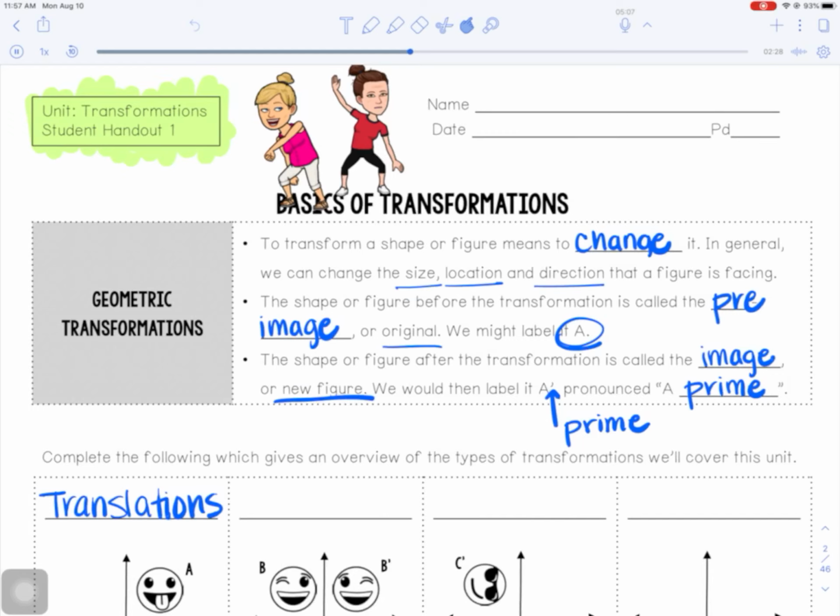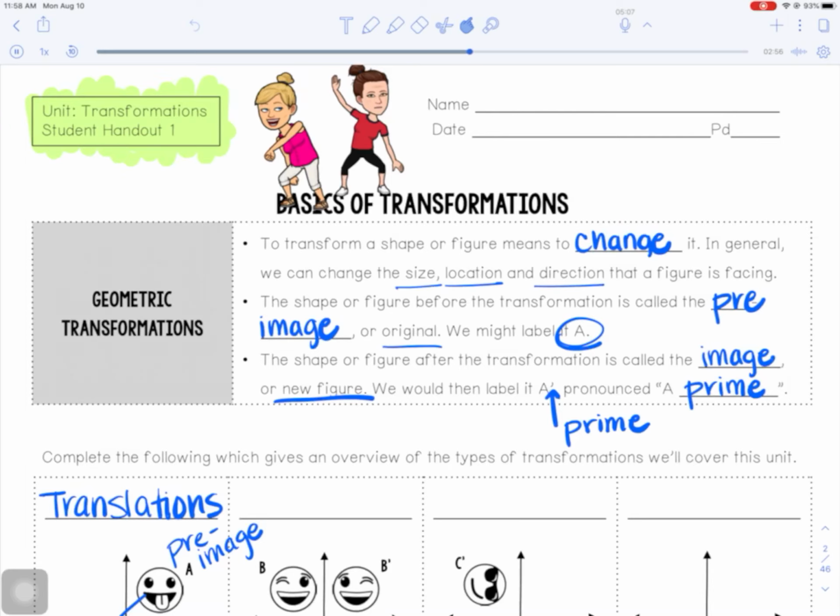Now, from looking at this, I can tell that this is the pre-image and that this is the image. The way I know, that prime mark on the A. So it has gone from this image to this image, and it slid. We slid down and over, or over and down. However you would like to say it.